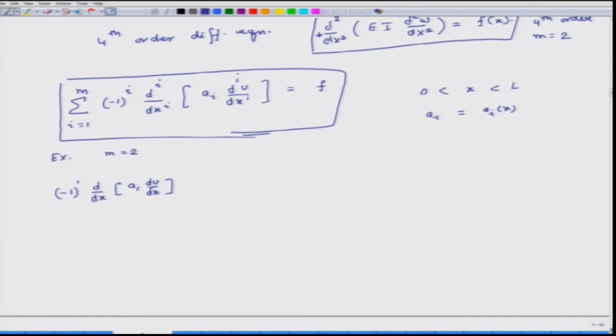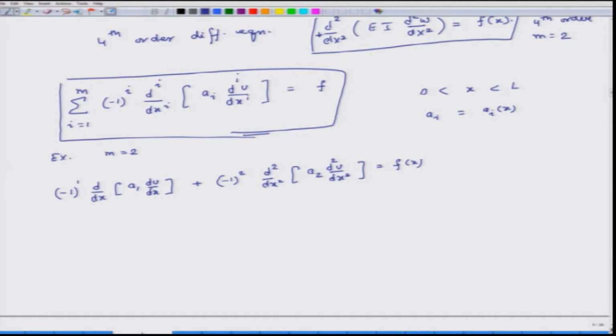This is the first term, right, plus minus 1 to the power of 2, d2 over dx square, a2 d2u over dx square, is equal to f. Okay. f can also be a function of x.